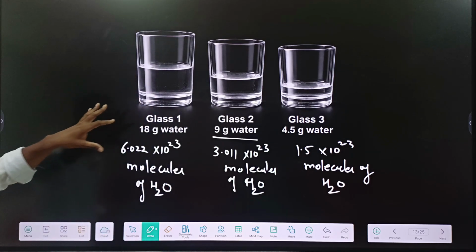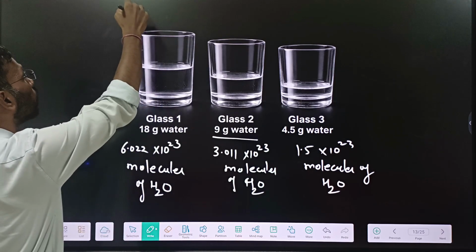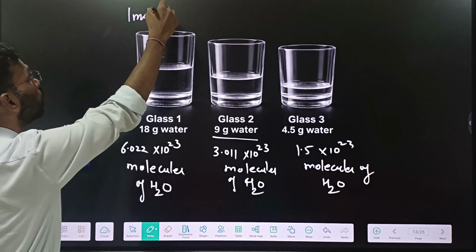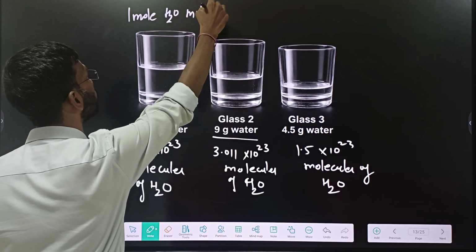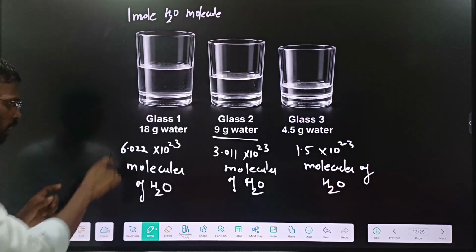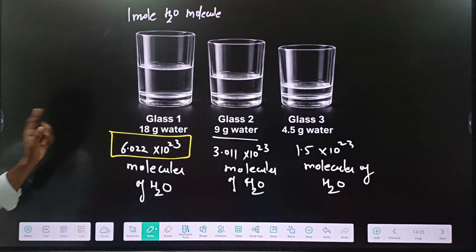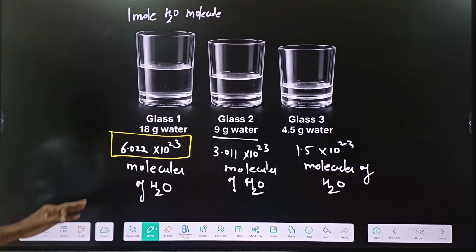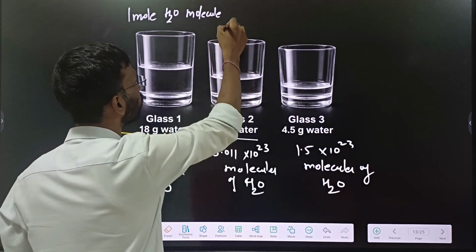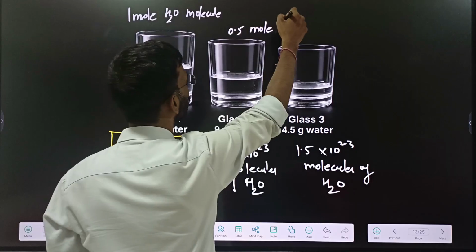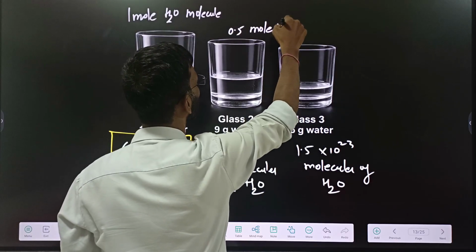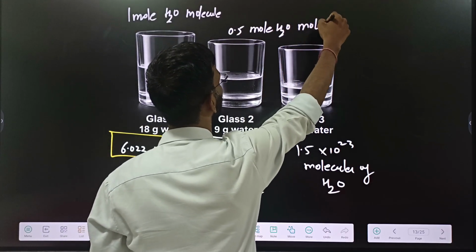I can also say that over here there is 1 mole H2O molecules. How many molecules are there? Instead of using this big number, I am saying there is 1 mole H2O molecule. Over here it is half of it, that is 0.5 mole H2O molecule.